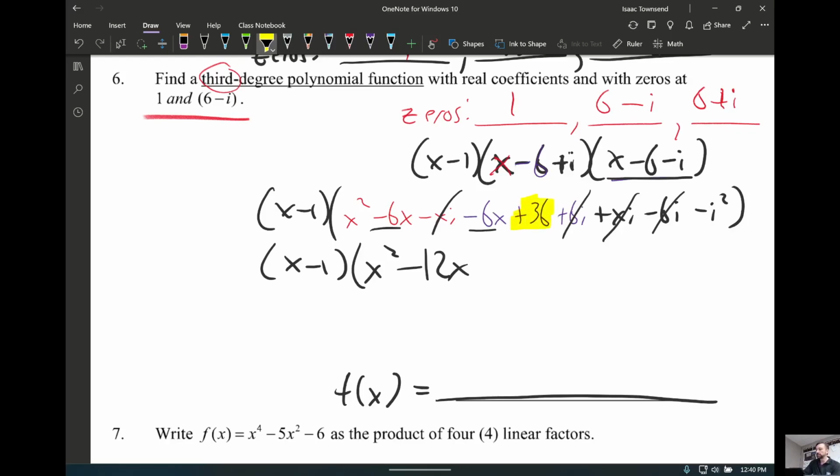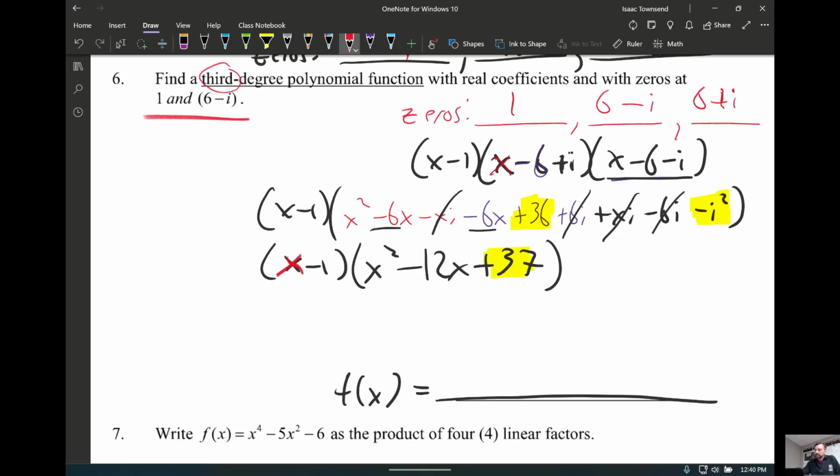What is 36 minus i squared? 37. Very good, 37. i squared is -1. Minus -1 is like adding 1. 36 plus 1 is 37. And that's why I say multiply these two together first, because it's messy for a step, but then it's fine. All right, now we got to distribute one more time.